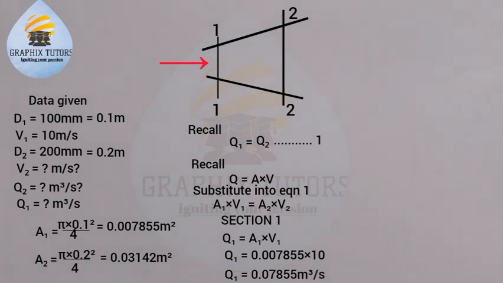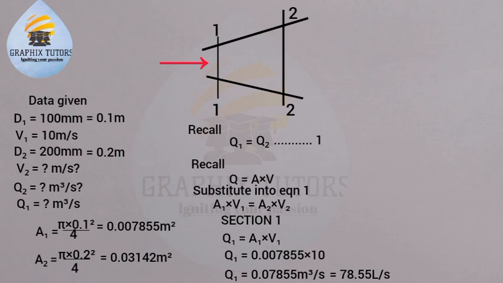Now if you put it in liter, it means that you multiply it by 1000, and you're going to have 78.55 liter per second.